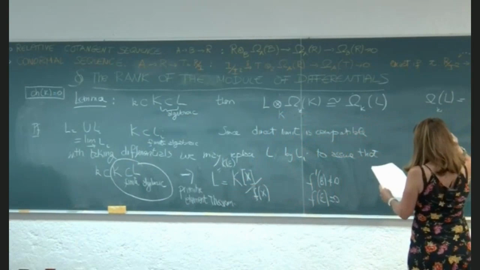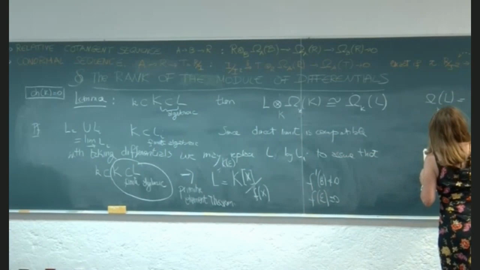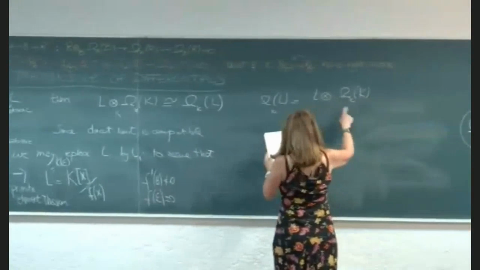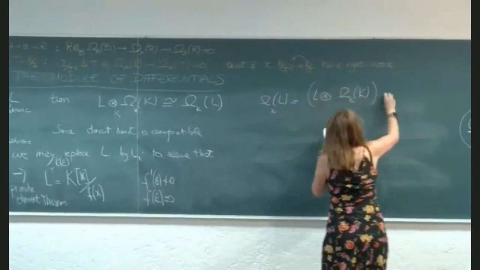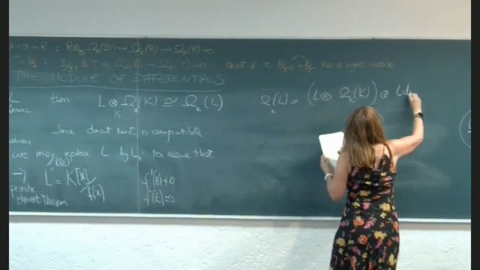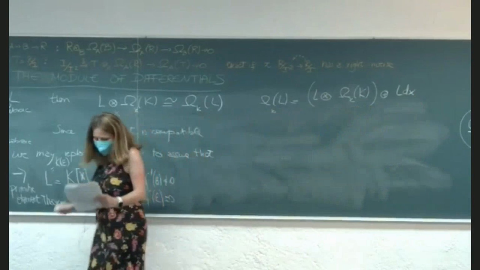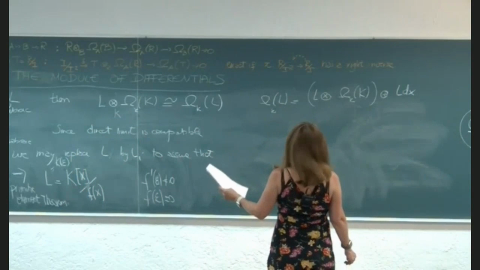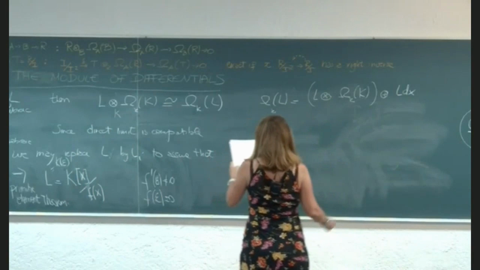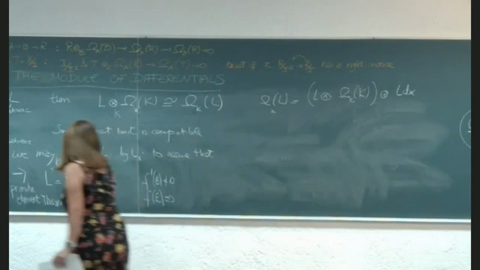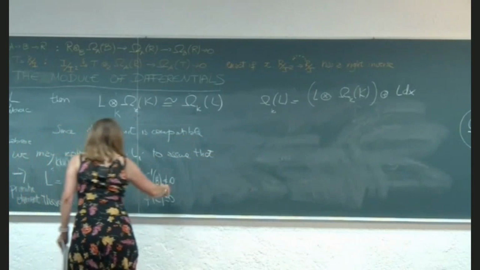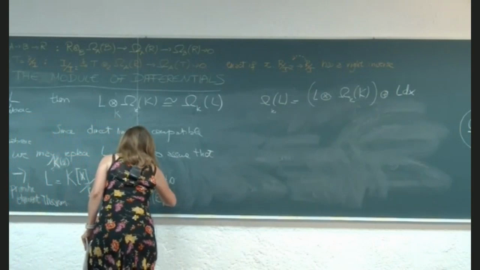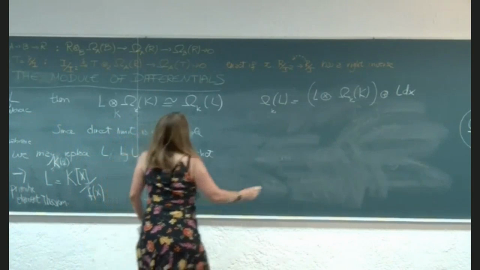So first, I take the modular differential of big K over k, and I tensor it. And then I still have to take the direct sum of L dx, where little x is really the image. Let me call it little x, because then I can call it dx.